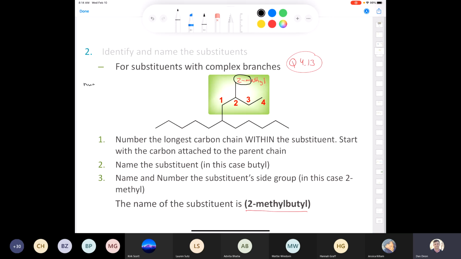If you have numbers and numbers, you're going to separate those by a comma. And if you have letters and letters, you have no separation. You're just going to put them together. That's why the methyl and the butyl, there's no separation there.